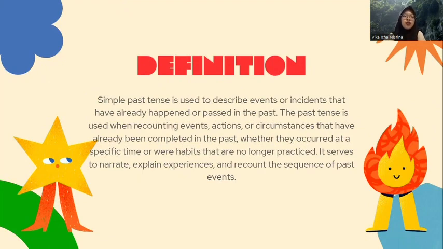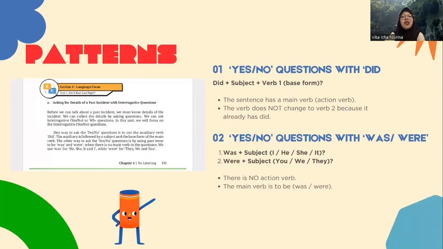It serves to narrate, explain experiences, and recount the sequence of past events. Next, in the past tense, there are also questions, whose purpose is to ask for details about events or incidents.